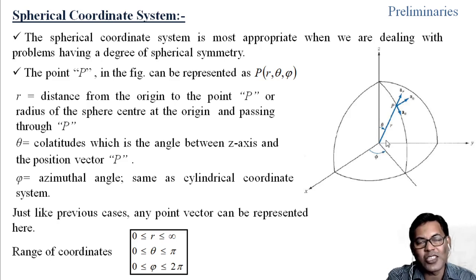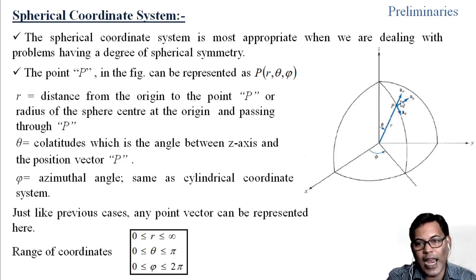Now, the ranges of these axes in spherical coordinate system: you can see that r will vary from 0 to infinity, theta will vary from 0 to pi, and phi will vary from 0 to 2 pi.